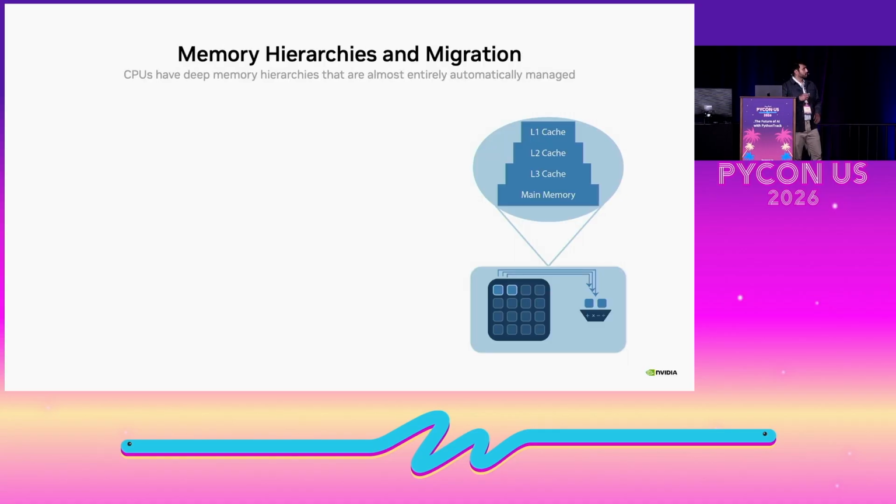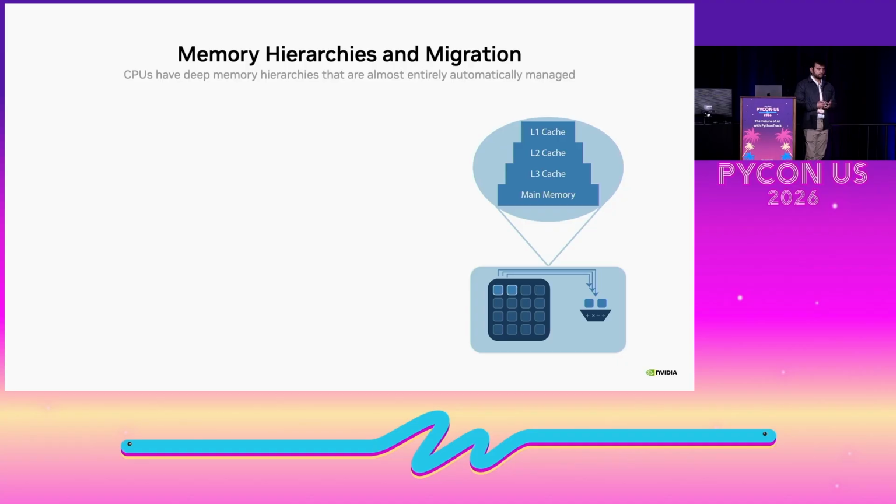CPUs have complex memory hierarchies, right? There are various caches that bring data up from your main memory up to the registers where the core work happens. But an important point with how CPUs work is that a lot of the handling of pulling data up this hierarchy is implicit.